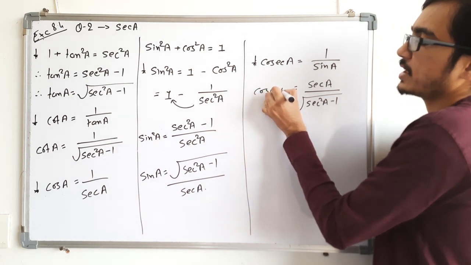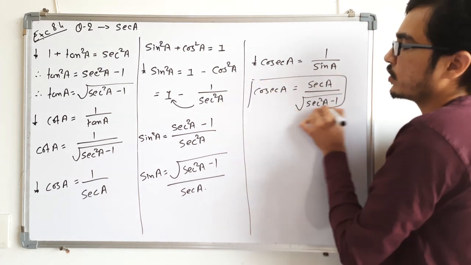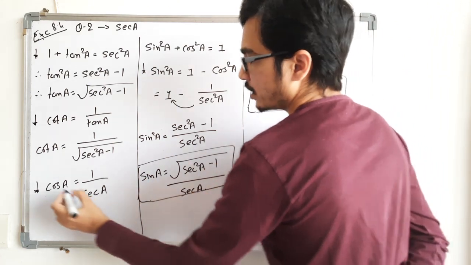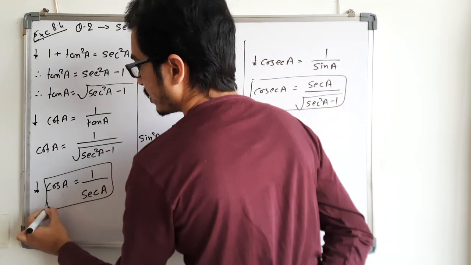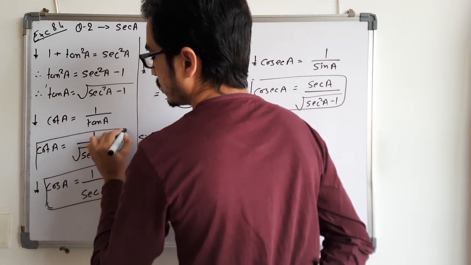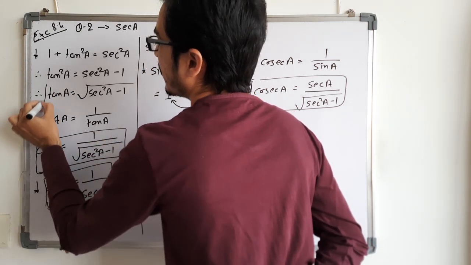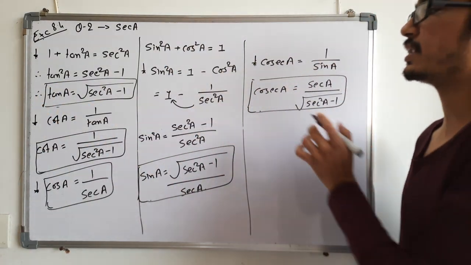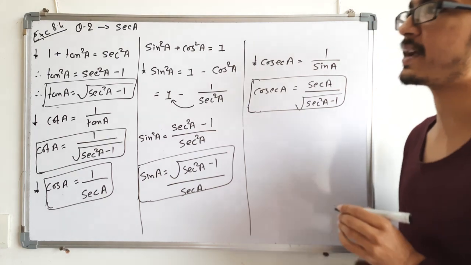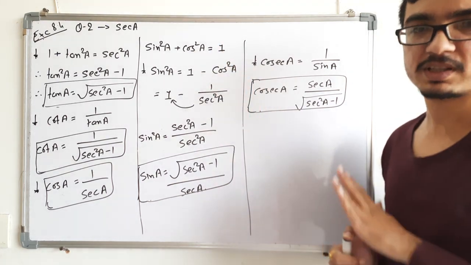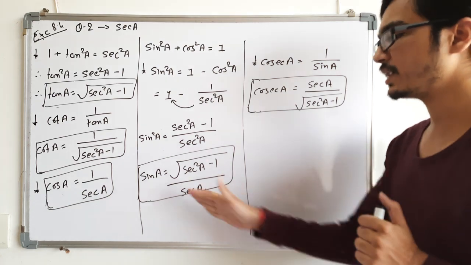This is cosec A. So 1, 2, 3, 4 and 5, we have represented all 5 trigonometric ratios in terms of sec A. Sec A in the form of sec A we cannot represent, so we have represented the other 5.